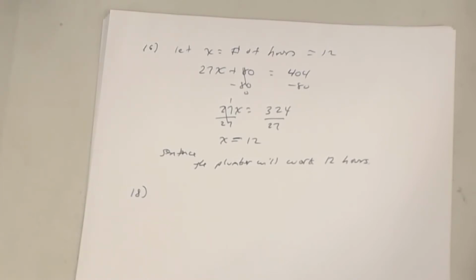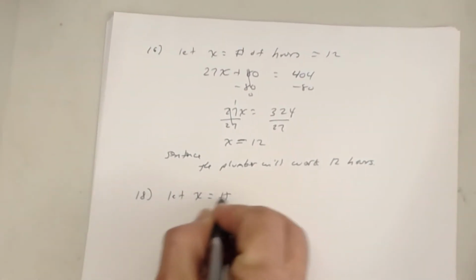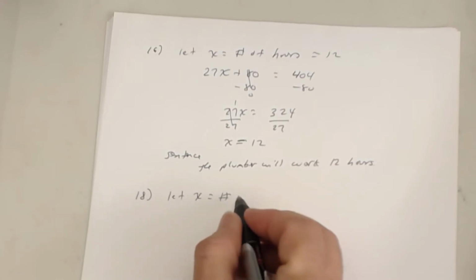Now, if your total bill from this company is $119.25 before taxes, so we're not worried about taxes here, for how many hours were you charged? Well, first of all, you have to tell me what your unknown is. You're going to say let x equal the number of hours. So don't forget to put that. Don't go straight to your equation.